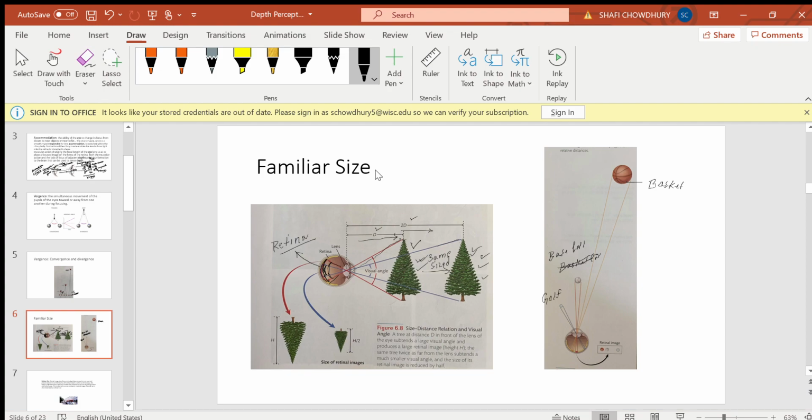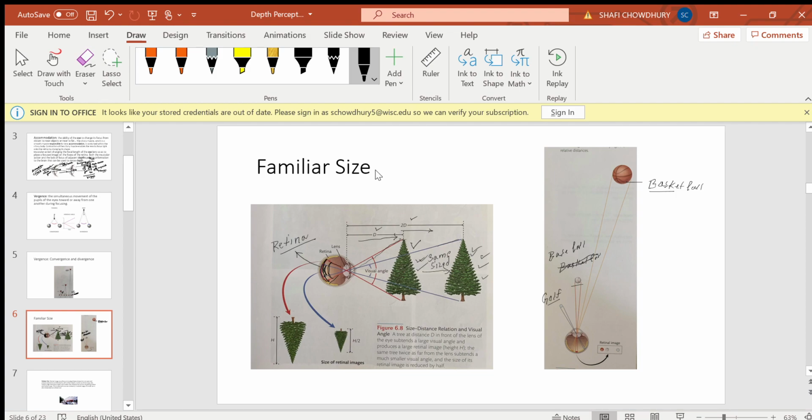Okay, so now we all know that a golf ball is much smaller than a baseball, and a baseball is much smaller than a basketball.